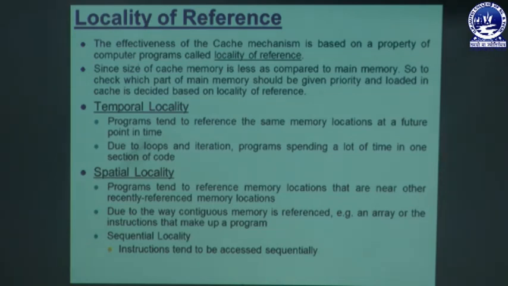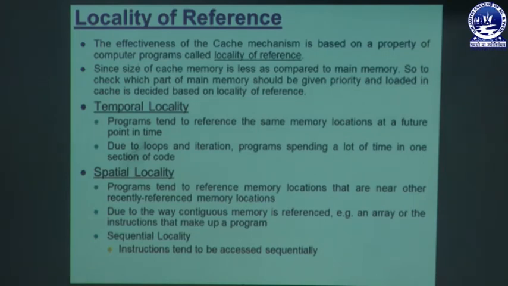But when you choose the nearby memory locations of the recently referenced one, that is done by the spatial locality, and you have to choose multiple instructions. So, these are the memory locations that are near the recently referenced memory locations.